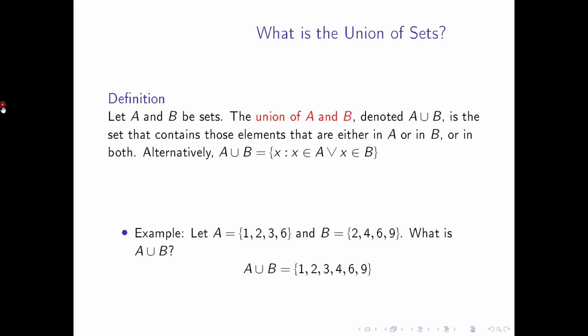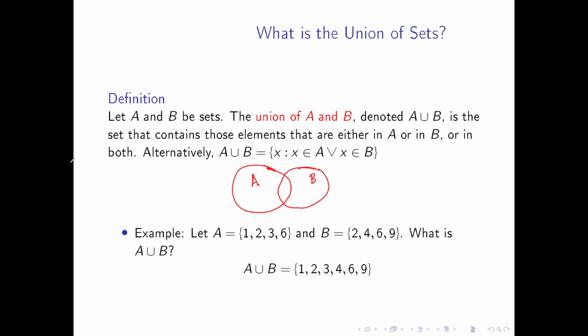But another way to look at this, what is a union? Well, let's draw a different picture. I'm going to make a circle here and call this circle A. I'm going to draw this circle here and call this circle set B. So all of A is within the circle on the left, and all of B is within the circle on the right.